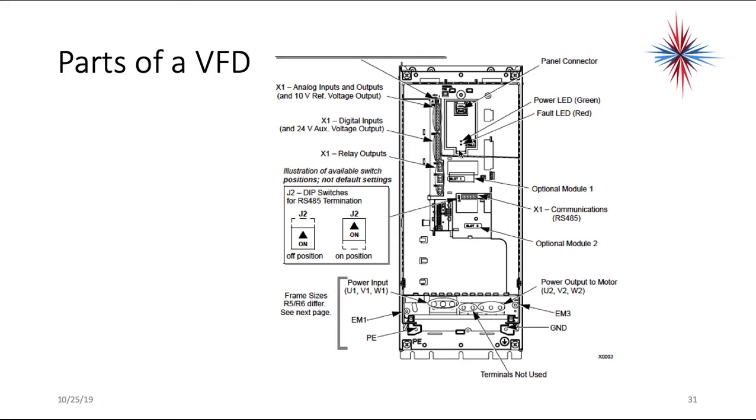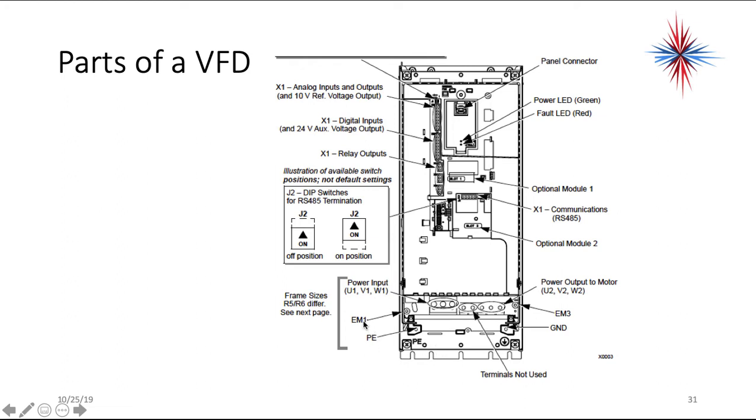And you can see where we have our analog and digital inputs, relay outputs. We have our panel connectors. We have some LEDs. We have some communication lines. And then we have our power output to the motor. This one is labeled U2, V2, and W2. And then we have power input, U1, V1, W1.